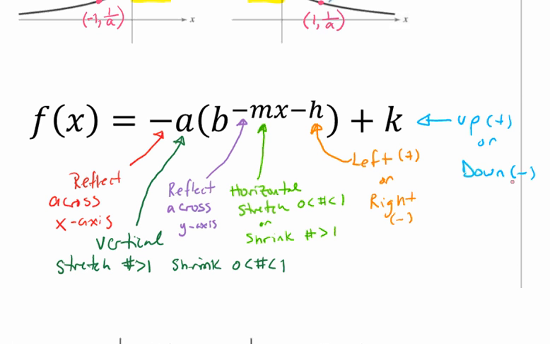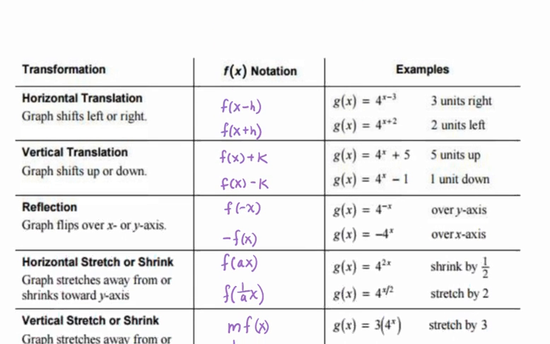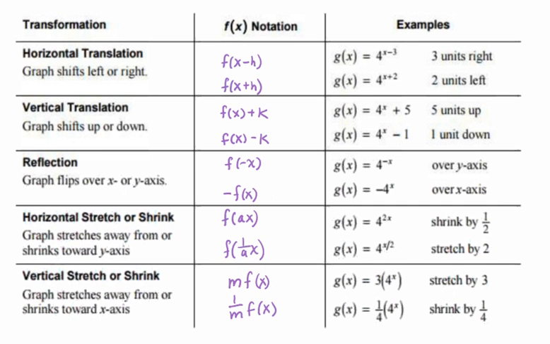So what does that look like when the equation is actually written? Let's take a look at that. So here we have some examples. This is called function notation, where we see our h's and k's and a's and m's written with our f of x. But I think our examples are going to be the piece that helps us the most.